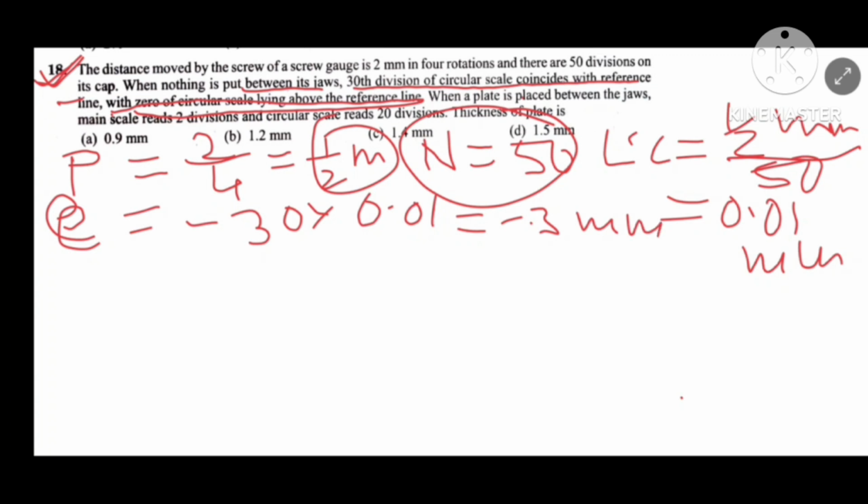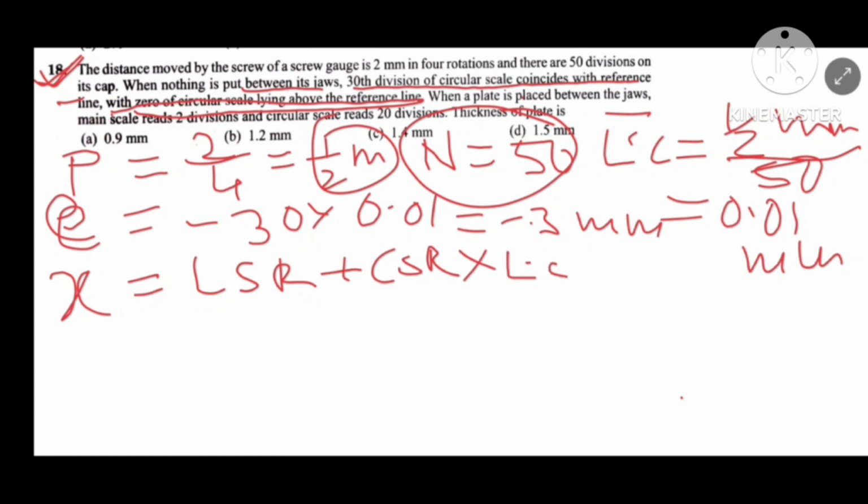Okay. Now when a plate is placed between the jaws, the main scale reads 2 divisions and the circular scale 20 divisions. Now what is the thickness? Look at this. Thickness X equals LSR plus CSR into LC minus error. Linear scale reading is 2 divisions into pitch.